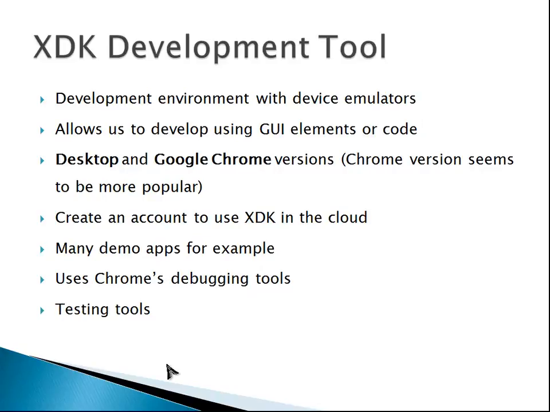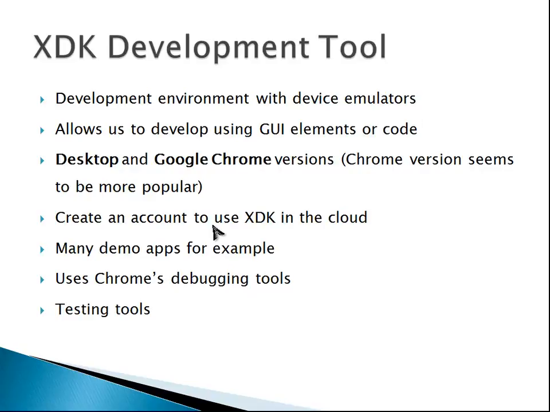And it also allows you to develop using GUI elements, which are basically a designer. You could grab the button and slide it over into your application or an input field, things like that. But you can also use text code, which is what I prefer when building applications, just because the GUI elements have their own code, and I don't really like to work with generated code.